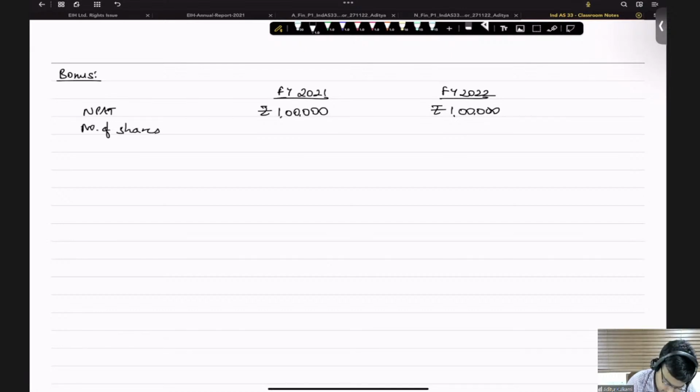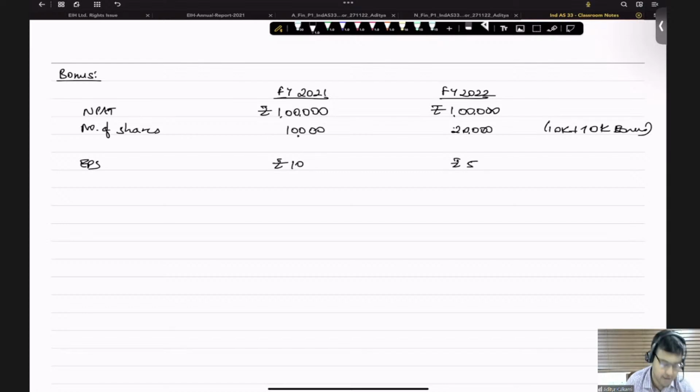Number of shares 10,000. And here 10K plus 10K bonus, so this is 20,000. EPS is 10 here, 5 here. Okay. Yes. Intangible form of shares.